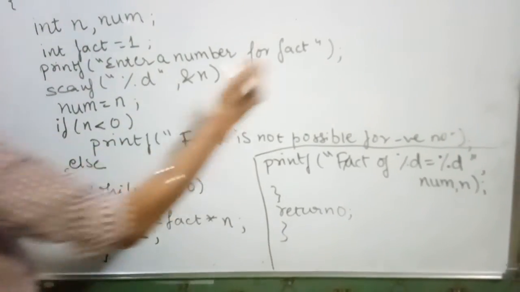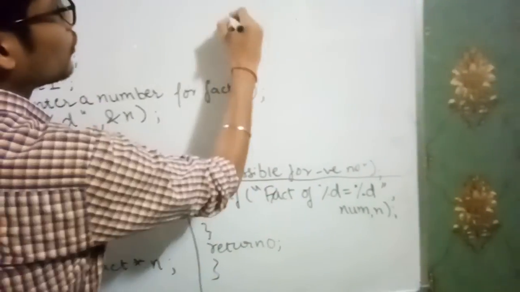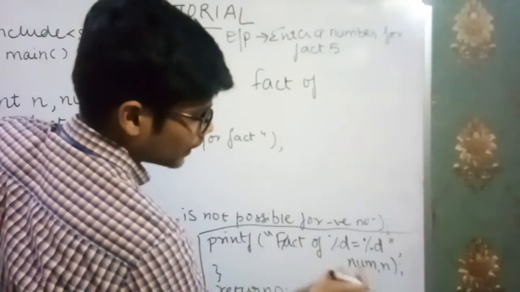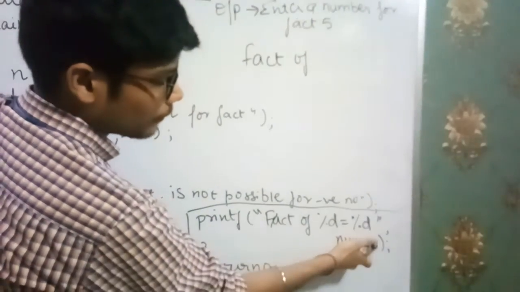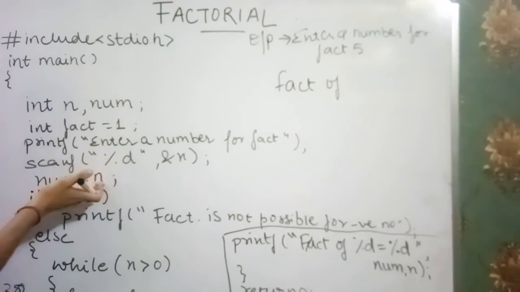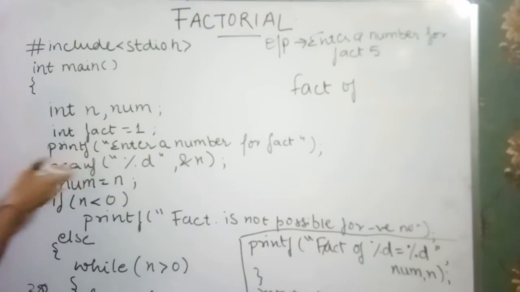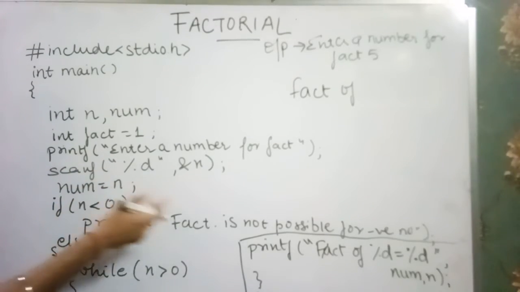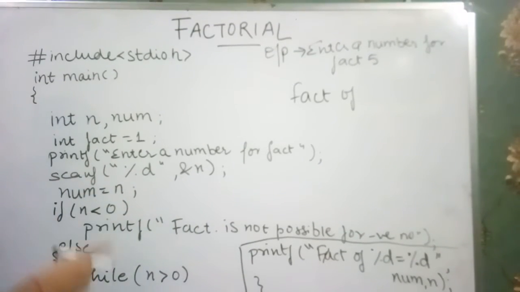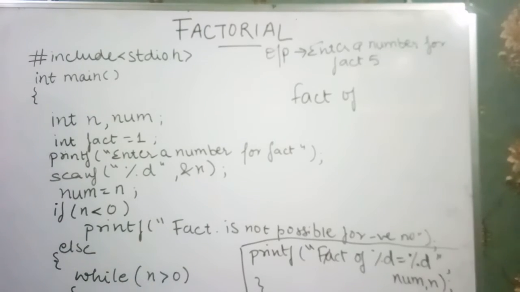So like that we will get the output as factorial of %d, which is holding num. Num is what? n. Initially what we put in is 5. So that is why we keep num equal to n, just for printing. So num is holding 5 because the n value will keep changing because of the loop.